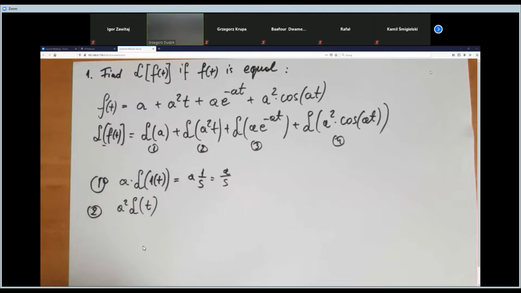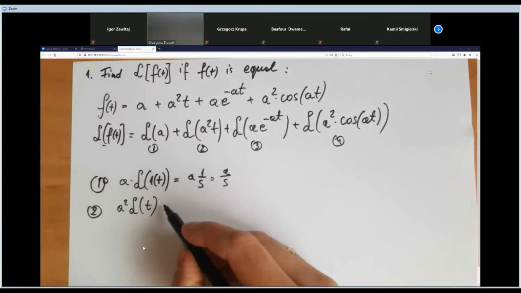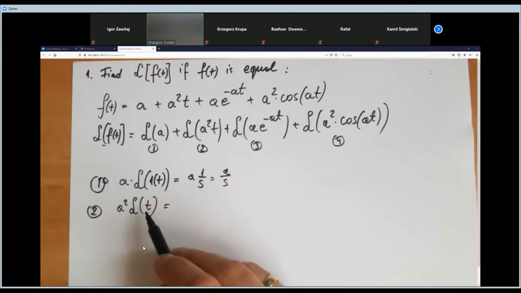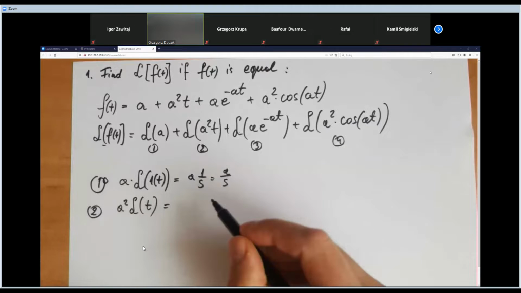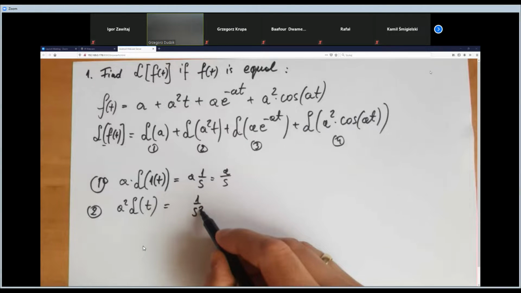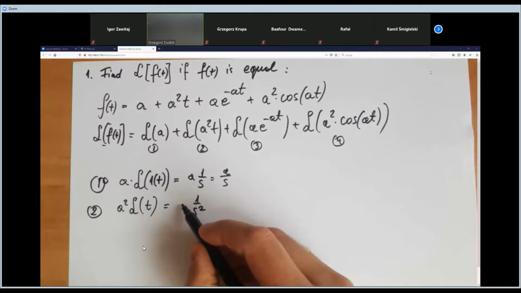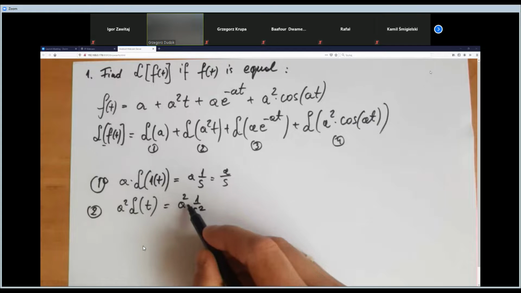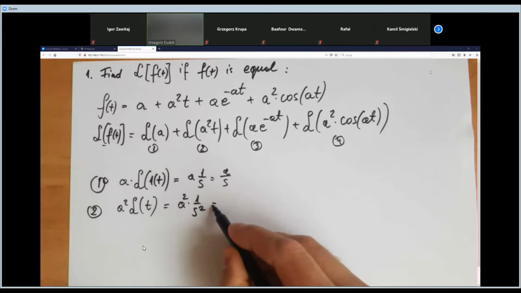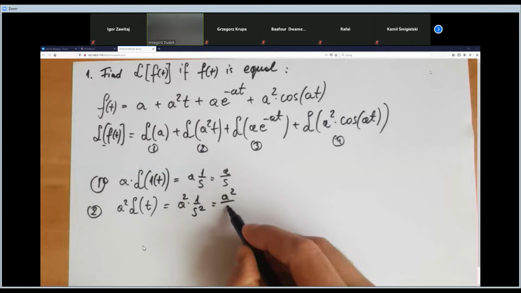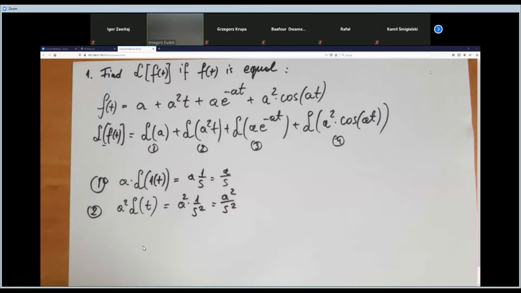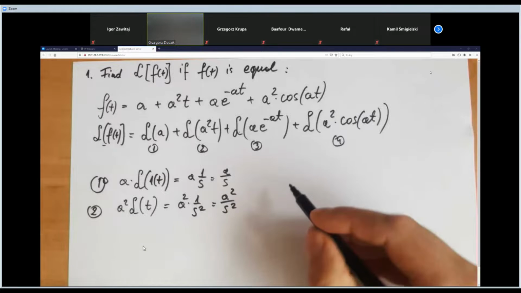Again, you can go to the table and you'll see that the Laplace transform of t is equal to 1 over s squared. And we have to add the a squared here. So as you see, we've got a squared over s squared.